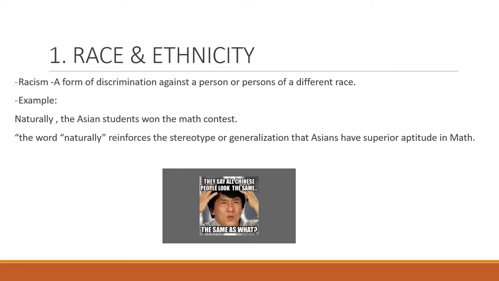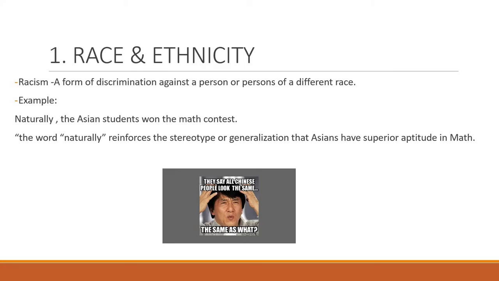Racism, a form of discrimination against a person or persons of a different race. So please don't forget the word race, racism, which stands for discrimination against persons of a different race.